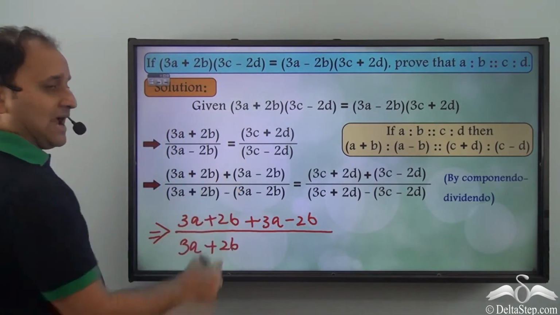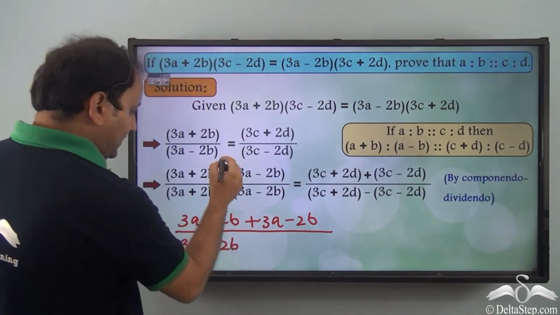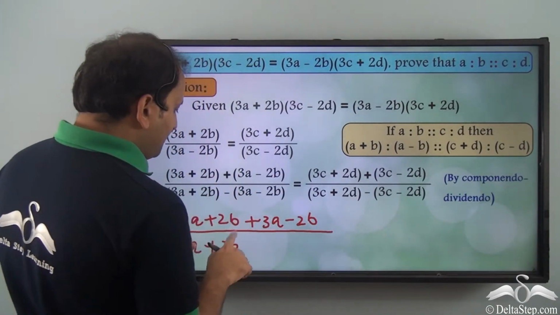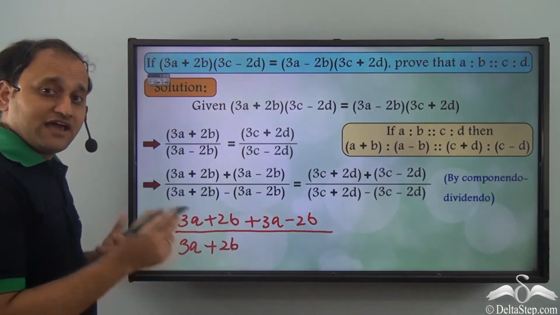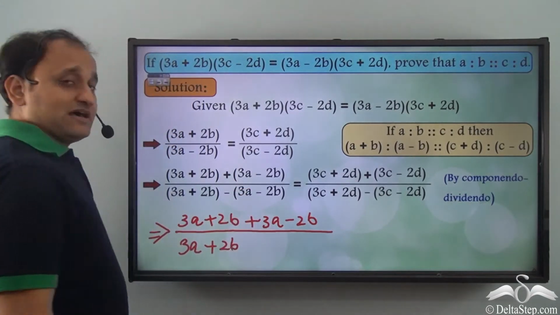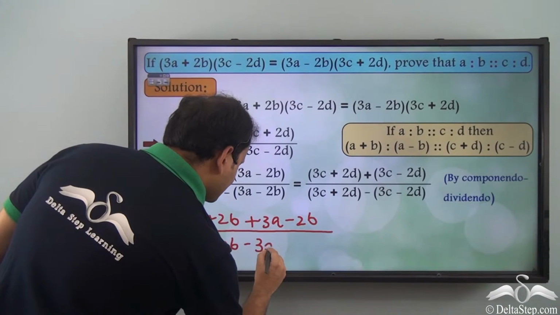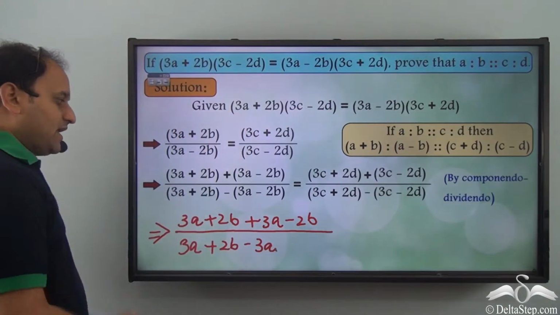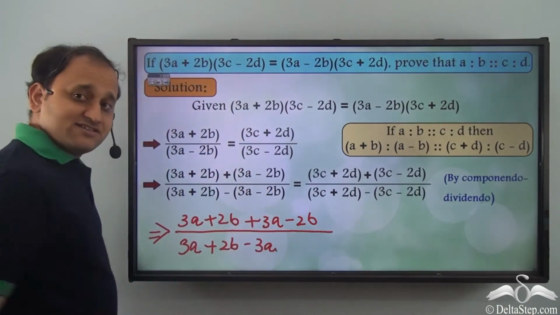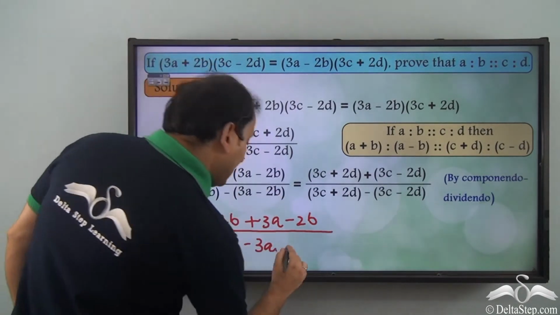After that we have a minus symbol. As a result, when we open this bracket, we'll have to perform multiplication of positive and negative. So minus into plus 3a will be what? Minus 3a. Minus into plus is always minus, and minus into minus is always plus.